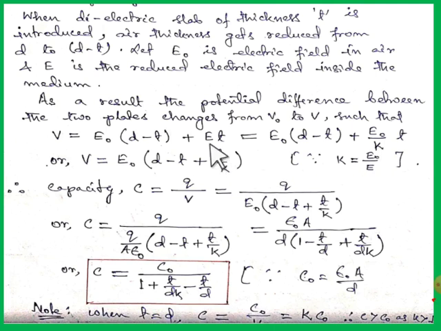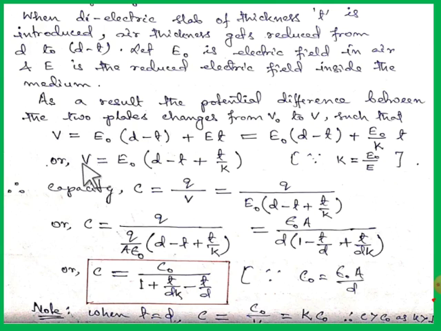So E naught by E will be equal to K. So if you express this E in terms of K, then E, capital E, will be equal to E naught by K. Let's replace this E by E naught by K. Got it? And then if you take E naught common, you will get V equal to E naught into D minus T plus T by K, right?